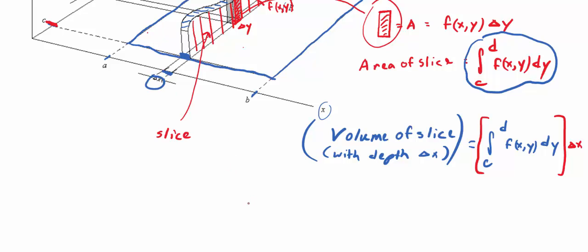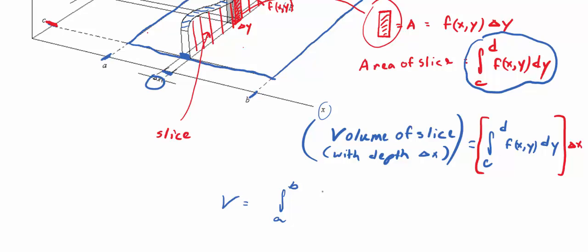Okay, so then the volume of that region, or between the region R and F, would be the integral from A to B of the volume of all such slices.